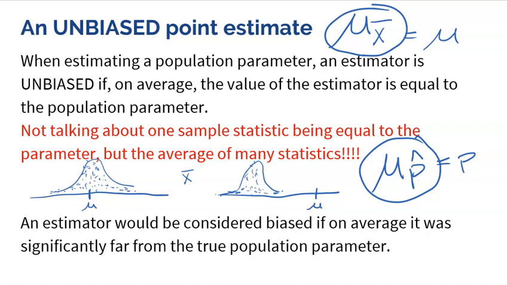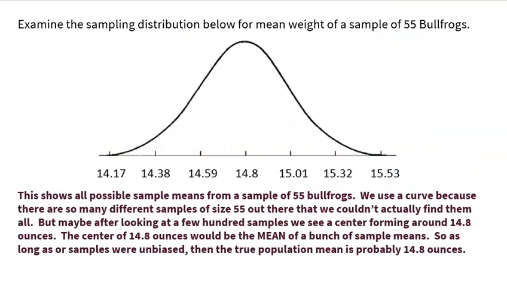Maybe your population was all adults, but you only were looking at samples of females. So no wonder you were lower or higher. I don't know. But the point is that when you on average have samples that stack up near the truth, you're unbiased. And when you have samples that stack up away from the truth, that's when you're going to be biased. So let's look at this a little bit more specifically with an example.